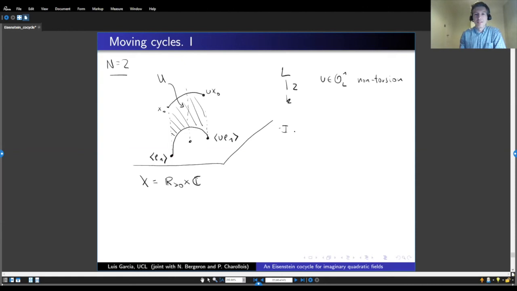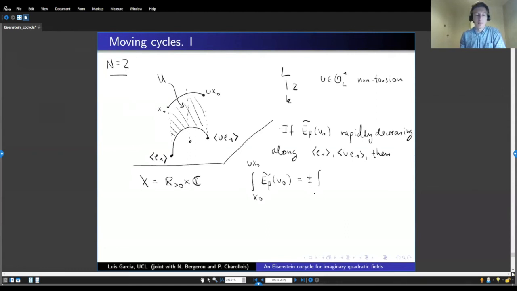So if you know that this is rapidly decreasing along these cusps, E1 and UE1, then when you integrate EP of V0 from here to here, you obtain this integral, maybe with a sign.